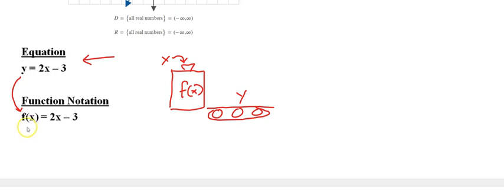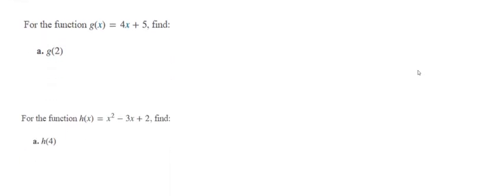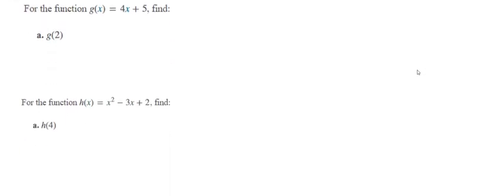You read this as f of x, which just means function of x. This will become a really big mainstay as you go forward in math. So let's do a couple of examples. Like I said, we're going to get into more of these when we start doing the Hawks, so don't fret.